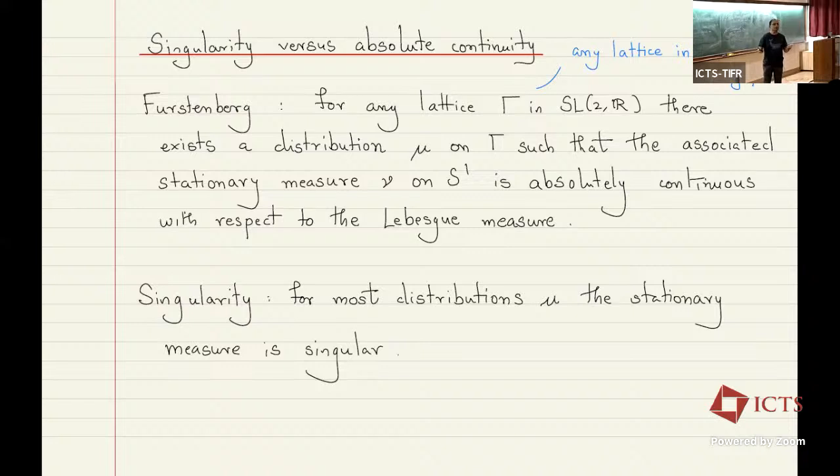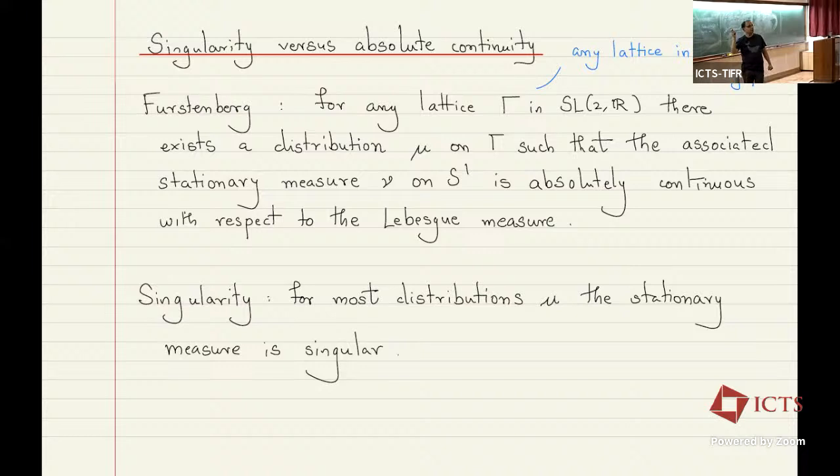What happens when you compare this measure to the Lebesgue measure on the circle? The precursor of this is work of Furstenberg from the 60s, where he showed that for any lattice in SL2R, and this is in fact true for any lattice in any Lie group, there exists a distribution on the group such that the associated stationary measure at infinity, which you get from these random walks, is absolutely continuous with respect to the Lebesgue measure.